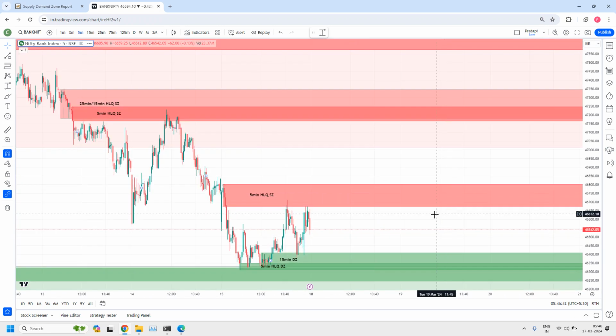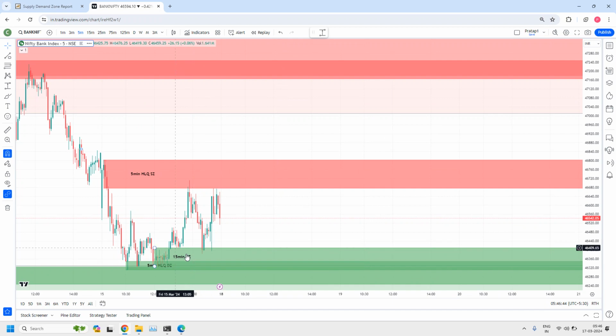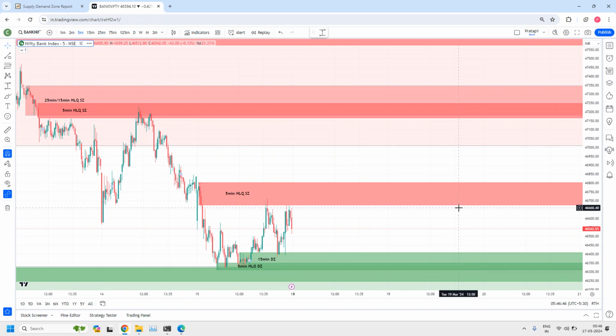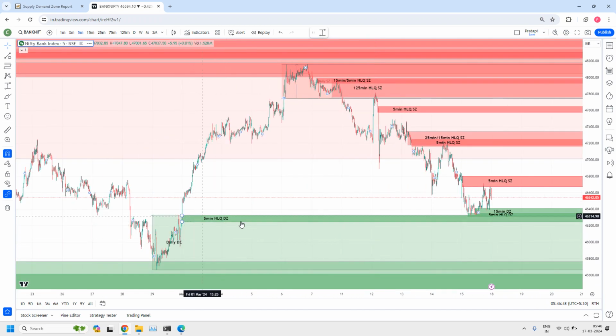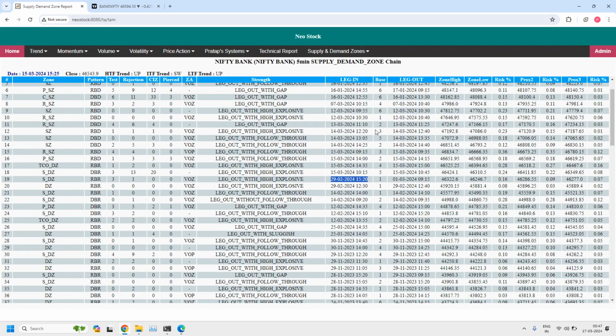Anyway, institutions have already built up the orders with this LOTL 5 minutes and the existing 5 minutes, they are there to protect. Definitely they have strong buy orders here. Let us assume if supply becomes even more than this, they will be violated. At that time, if there are any orders below, this demand zone will hold. So let us check. Below there is another high liquidity.